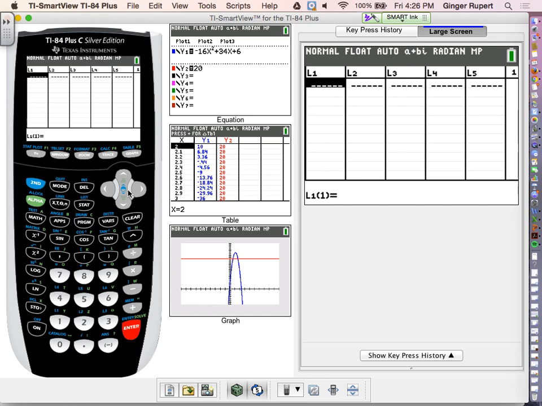Okay, once you've done that, go ahead and put the fertilizer in pounds into L1. Then you want to put the yield into L2.